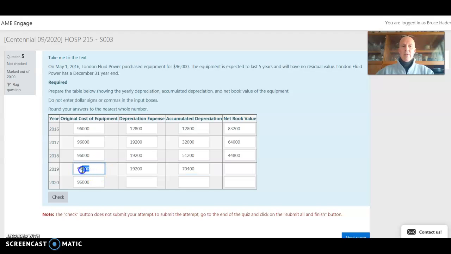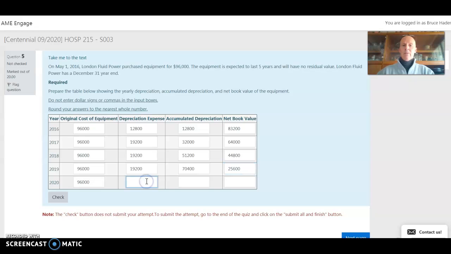Again, going back to our original cost, $96,000, I subtract the accumulated depreciation for 2019, which is $70,400, gives me $25,600, and that's how much it's worth at the end of 2019.